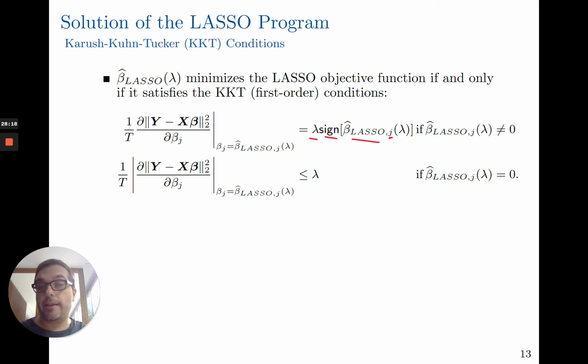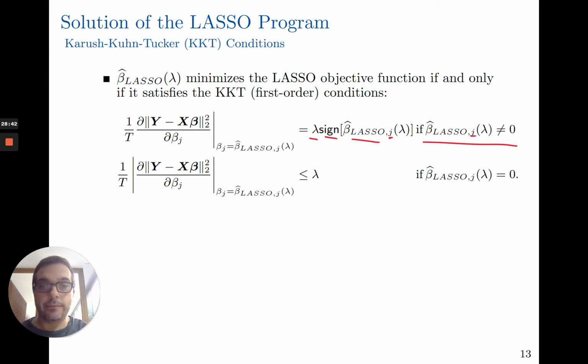If beta hat is positive, this sign function will be +1. If beta hat is negative, this will be -1. And this is for the case, as I have already mentioned, that beta hat j, this specific coefficient, is different from 0.